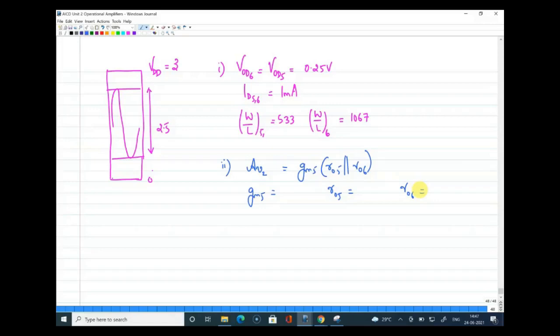You can find R05 and R06, and yeah, you got it, Yashita. Yes, it is 533. You can also find GM5 with the help of the W by L values which we obtained in part 1. So can I get the answer for the voltage gain of the output stage?